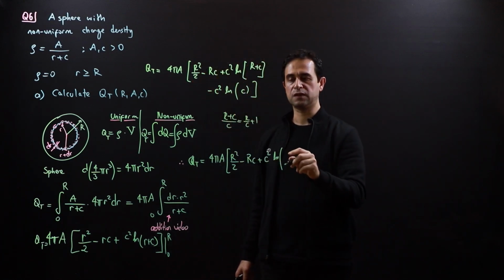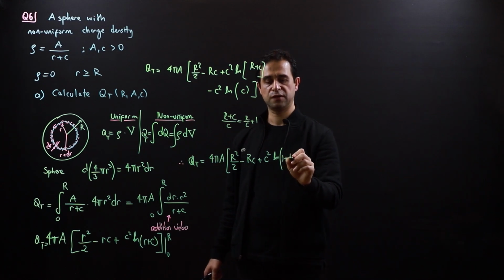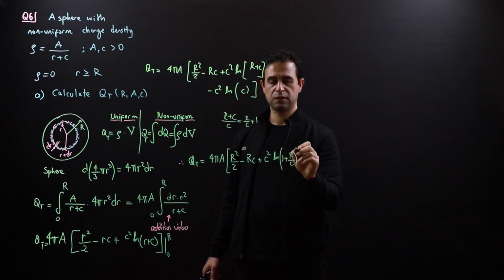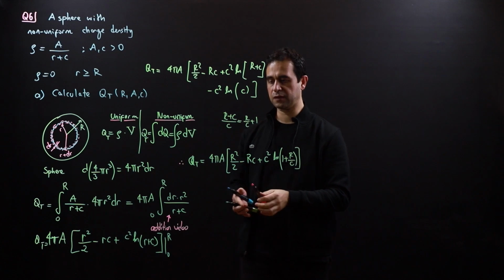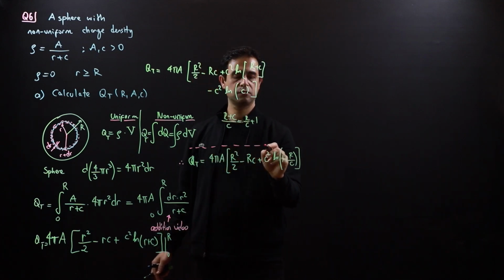I'm going to write it as 1 plus R over c in here. So that's basically Q total.